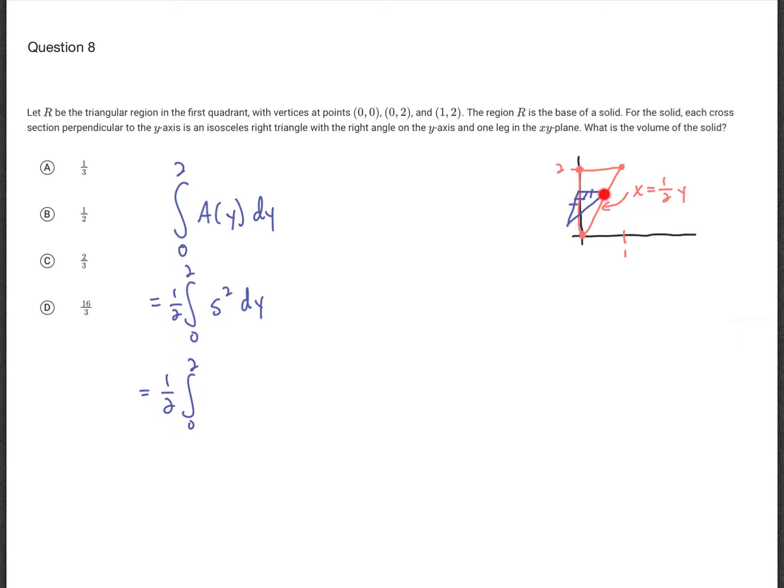So if we're looking at y equals 1, this distance will be 1/2. That makes sense. So now we know that this distance here is really just 1/2 y. So that's what we'll do, 1/2 y squared dy.